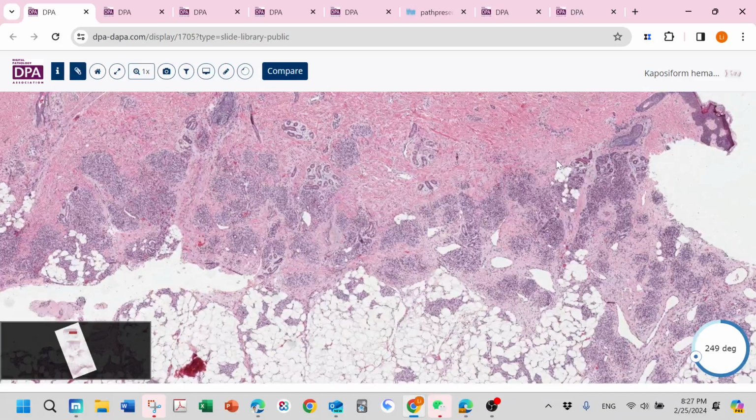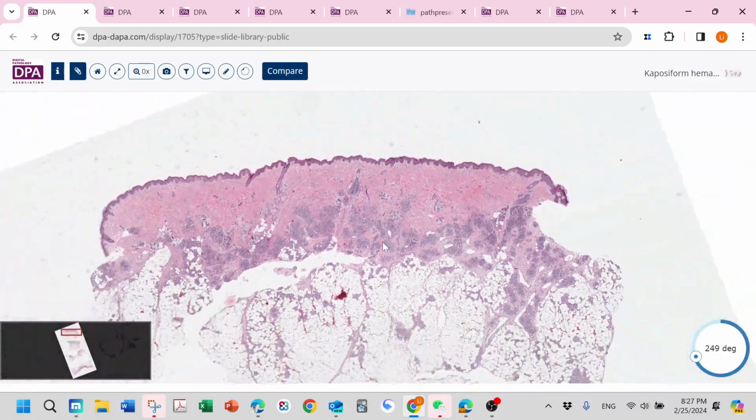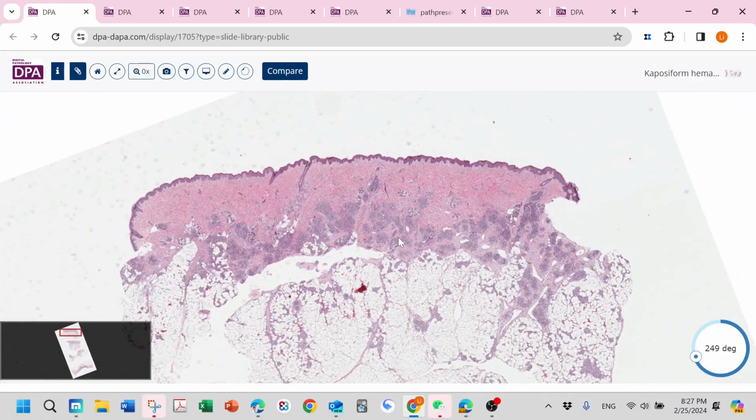But if this lesion occurs in an internal organ, it may consume your platelets and cause Kasabach-Merritt phenomenon, which is really dangerous to the patient, because with low platelets it will also cause a bleeding disorder.